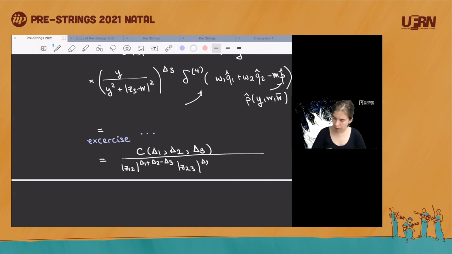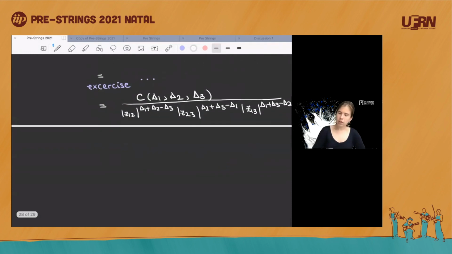So Maddalena already showed how correlation functions, so 3-point functions in conformal field theory, are completely constrained to take this form. Sorry, z23 to the power, z13 to the delta 1 plus delta 3 minus delta 2. So this is fixed. Here we also have this SL2C global conformal symmetry, which already fixes this function.